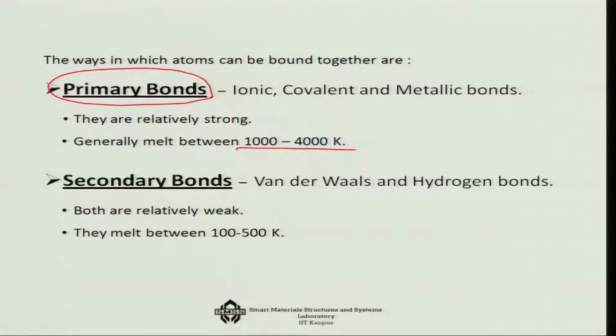And there are secondary bonds, which are like van der Waals bonds or hydrogen bonds. They are relatively weak and they melt between 100 to 500 Kelvin. So, these are the two groups of bonds: the primary bonds, which have the ionic, covalent and metallic bonds, and the secondary bonds, where we will mostly consider van der Waals bonds and hydrogen bonds. So, let us look into these bonds now more carefully.